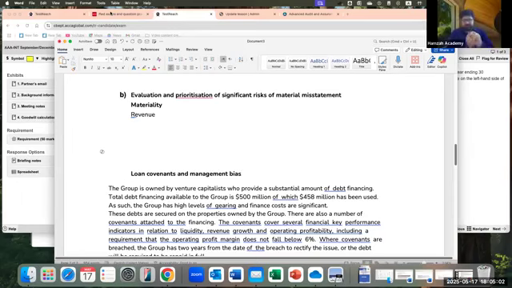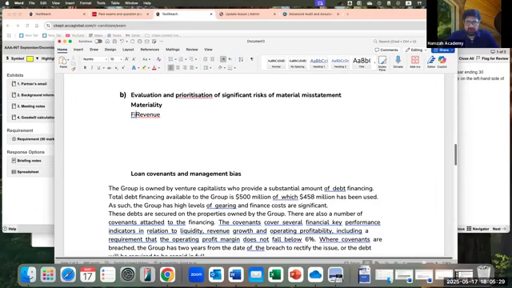Yes, students, now, I'm sorry. The next point is evaluation and prioritization of significant risk. So the materiality is based on revenue.